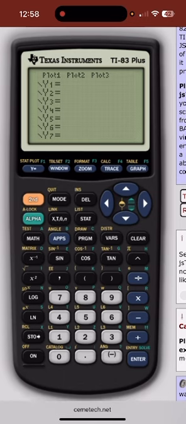On the left, you see where it says second, and then alpha; there's an orange or yellow second, and then a teal alpha. To the right of that alpha, it's X,T,theta,n. I'm going to hit that for my x, to the power of 3, plus, I think it was cosine of 5x divided by 10,000.